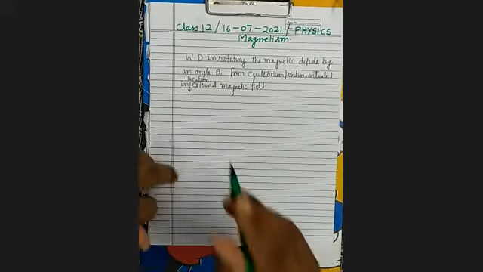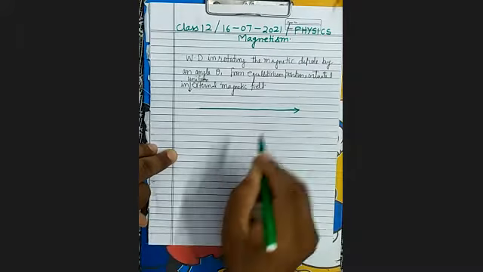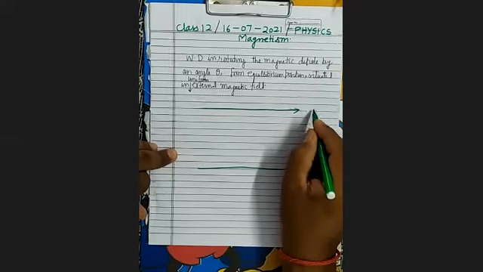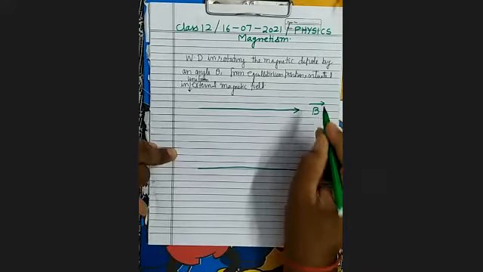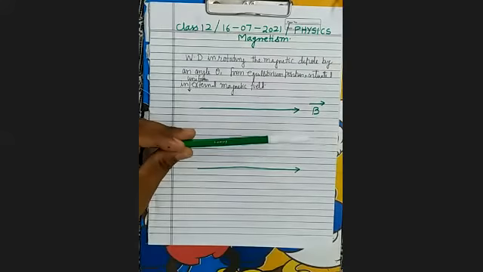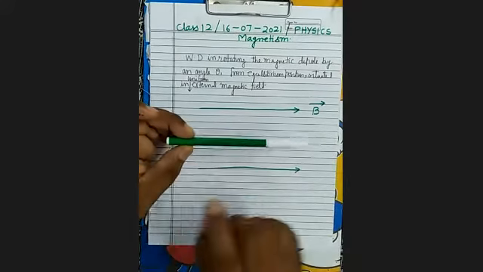So you can see here there is a uniform magnetic field in this region. And suppose this is the magnetic dipole. Here it is its north pole and this end is south pole.